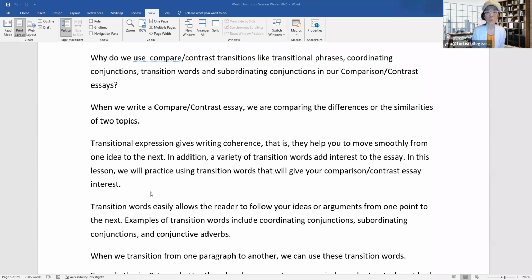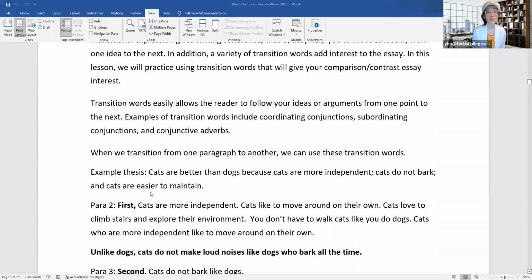In this lesson, we will practice using transition words that will give your comparison contrast essay interest. Transition words allow the reader to follow your ideas or arguments from one point to the next. Examples of transition words include coordinating conjunctions, subordinating conjunctions, and conjunctive adverbs. When we transition from one paragraph to another, we can use these transition words.